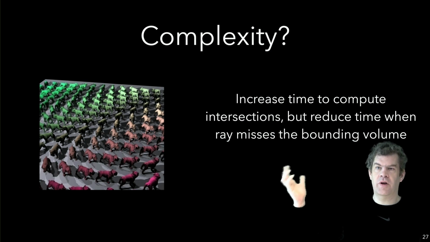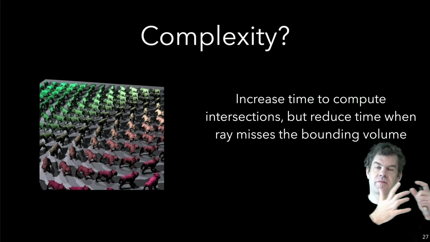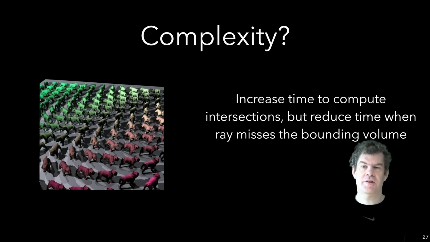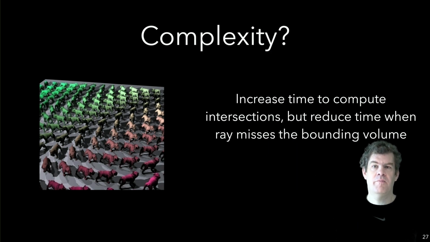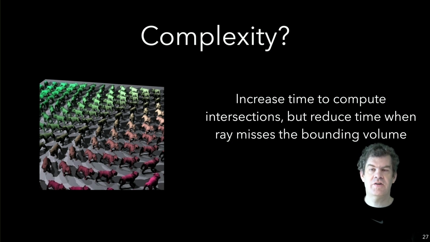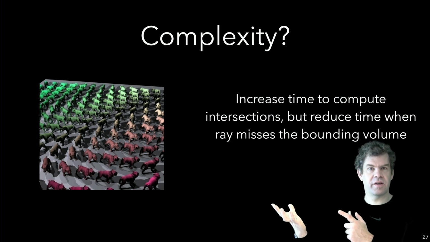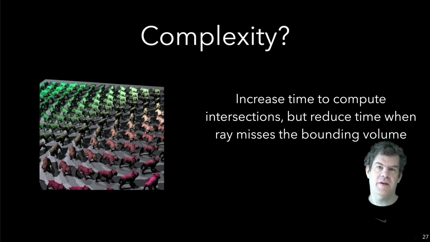And for 1,000 dogs, it's, in the worst case, 1,000 more sphere tests plus 1,000 times a million more intersection tests, which is a billion, I guess. But when the ray doesn't hit the sphere, I just have to do one test. Okay, so in some situations it makes the thing a little bit worse, and in some situations it makes it a little bit faster, or significantly faster.